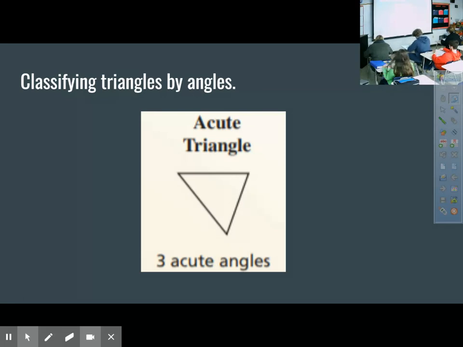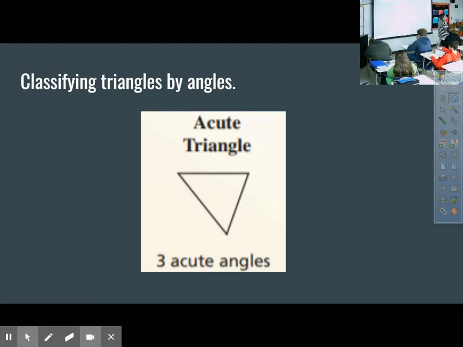Look at those bottom 4 triangles. Which of those would you consider acute? The first one, the one on the top left. So label that one as acute. Yep, so that one right there would be acute. Is there another acute triangle? Yeah, the second one on the top.